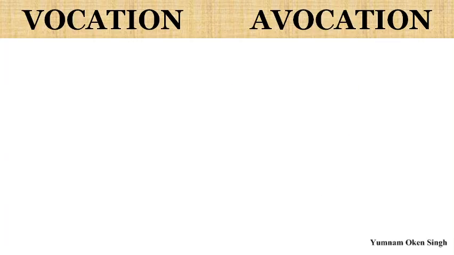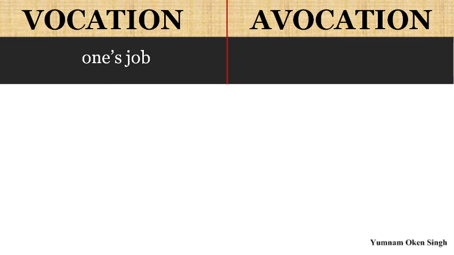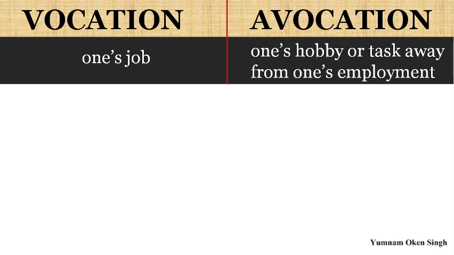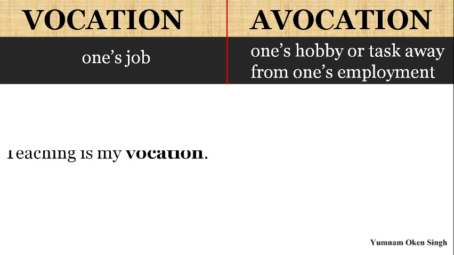And now, at last, let's see these two words, vocation and avocation. Vocation means one's job, one's employment. And number two, avocation, means one's hobby or task away from one's employment, which is not for money. Let's say, for example, teaching is my vocation.